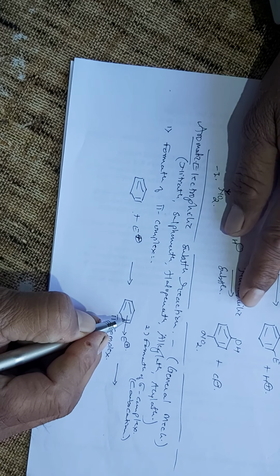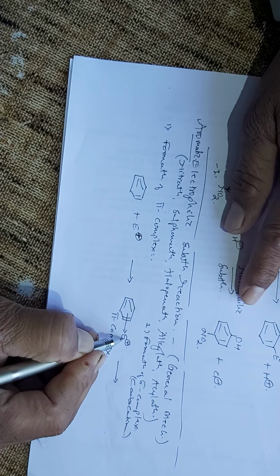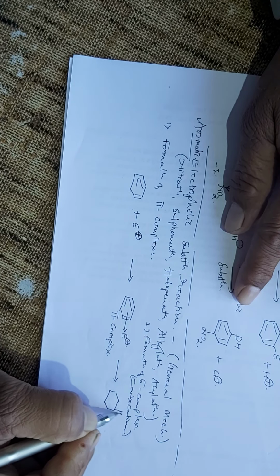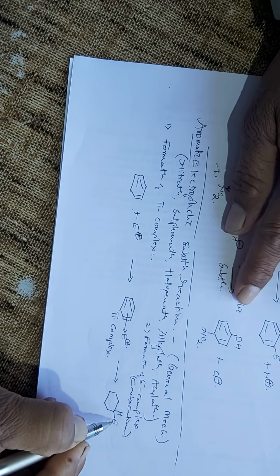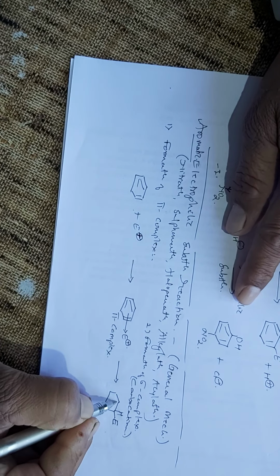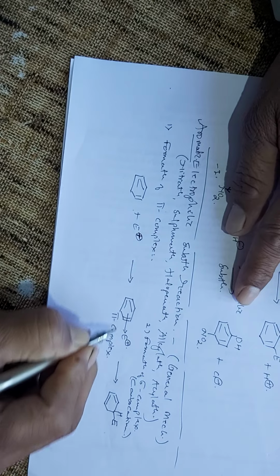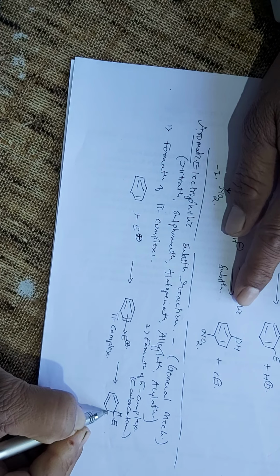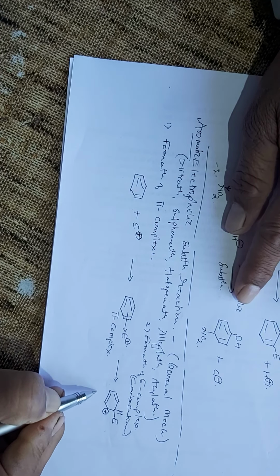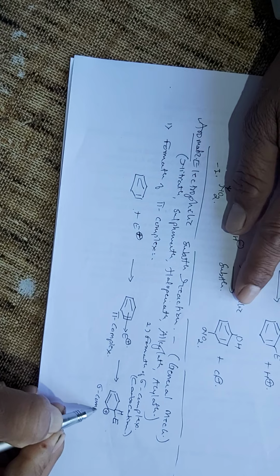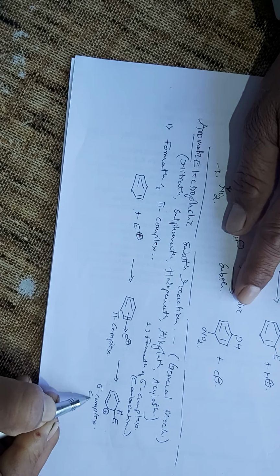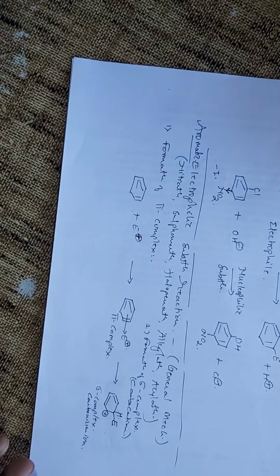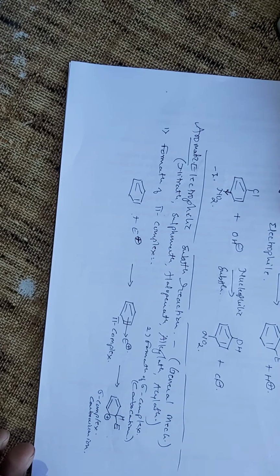The benzene ring donates the electron pair to the electron deficient species and forms a sigma bond with the electrophile. By giving the pi electrons to the electrophile, this carbon acquires a positive charge, and this is termed the sigma complex, or the carbonium ion.